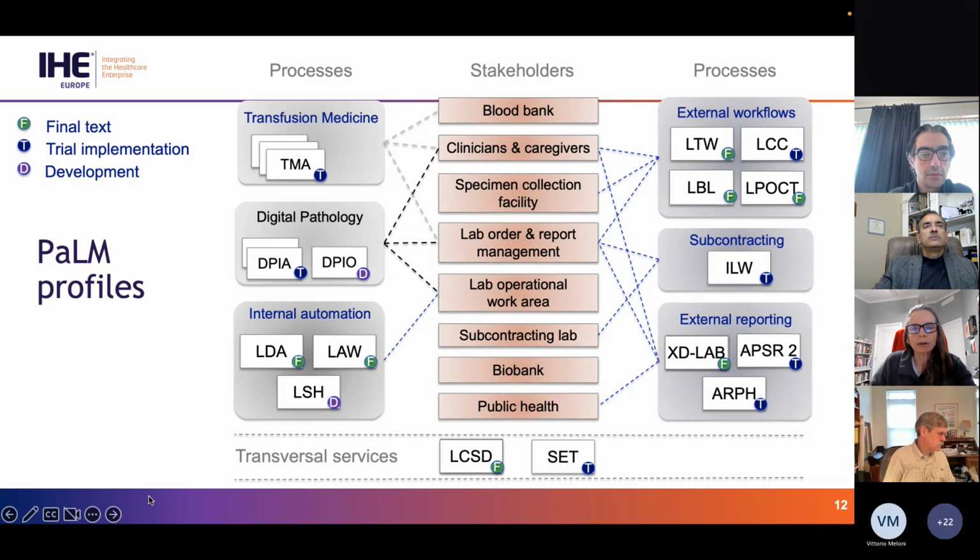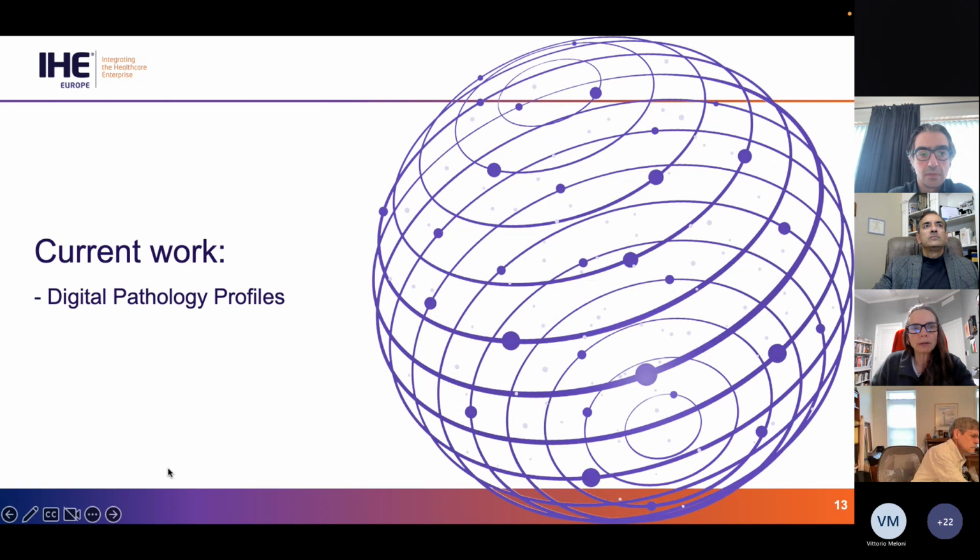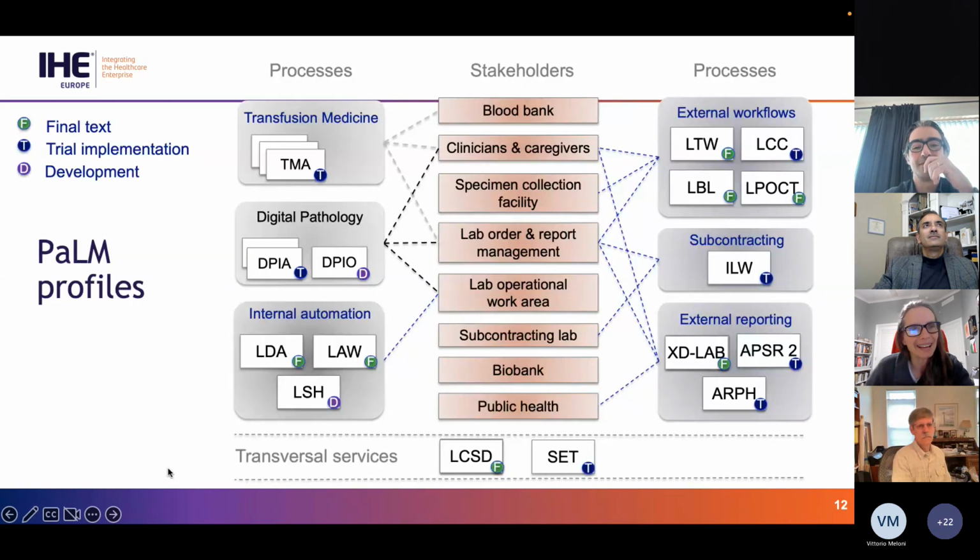So those are all direct connections between different stakeholders or lab internal. We're missing 2 more. But then we have some services that are used for announcing your catalog, so what tests the laboratory offers. So that's the LCSD profile.